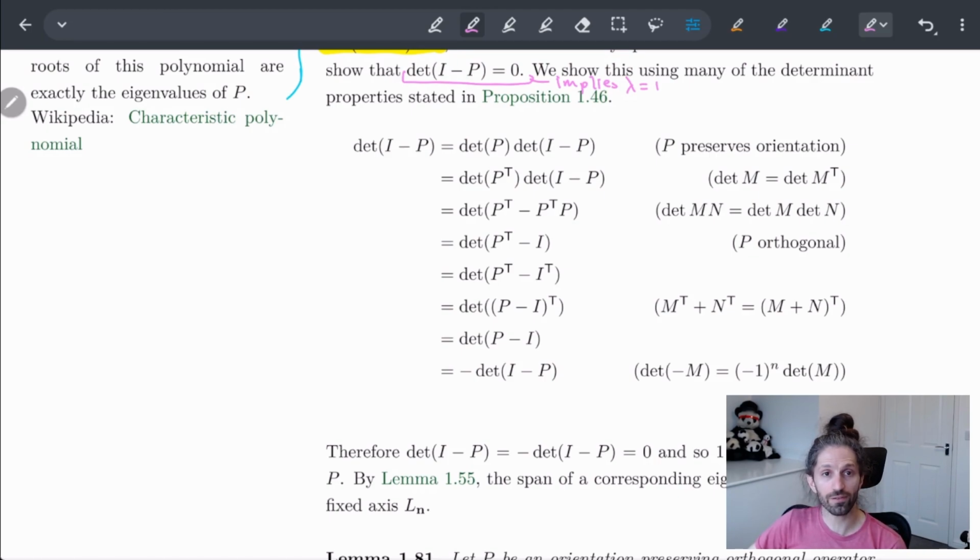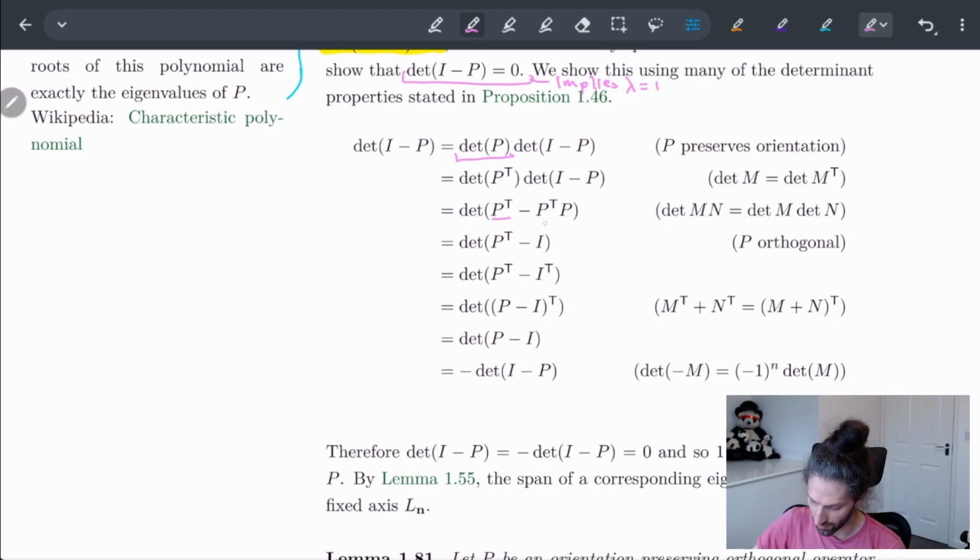So first off, since P preserves orientation, we can just multiply by the determinant of P without a problem, right? This is not too big of a deal. The determinant is equal to its transpose, right? This again is not a problem. Now we can put these together and multiply the matrices.